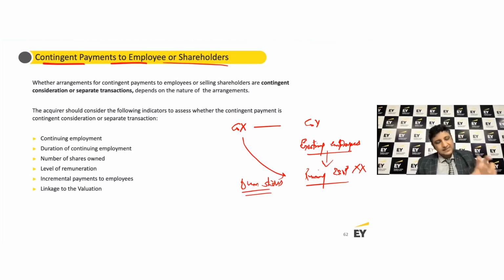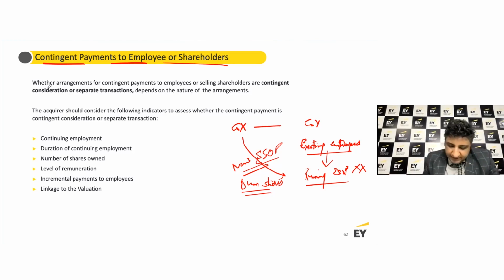Now, does that new scheme, new employee stock options, result in a share-based payment, or does it result in, for example, a purchase consideration, right? All those aspects need to be understood well, right?